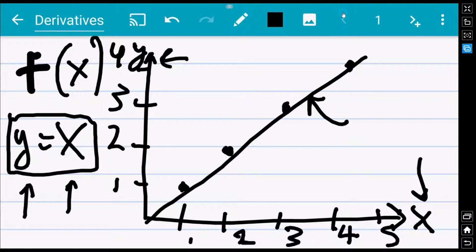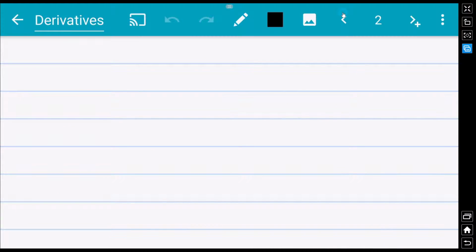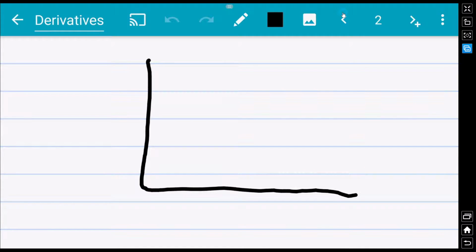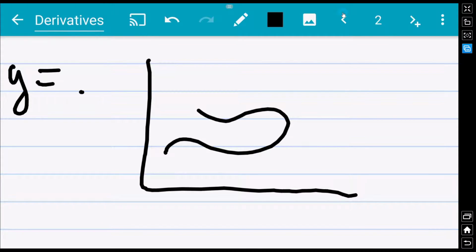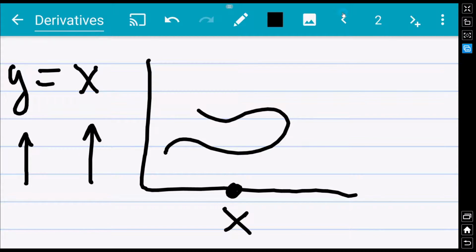Now, what is so special about a function? Well, a function can't do this. Why not? Because if you have a function y equals something, let's say x, that means that every value of x corresponds to a value of y. But here, when you have an x value, you're going to have two values that correspond in the y.